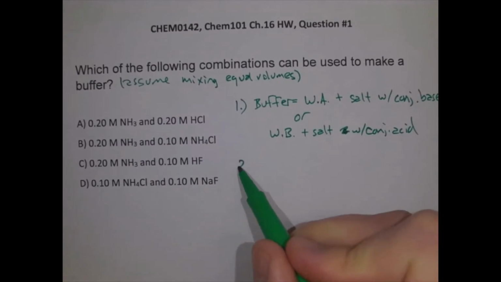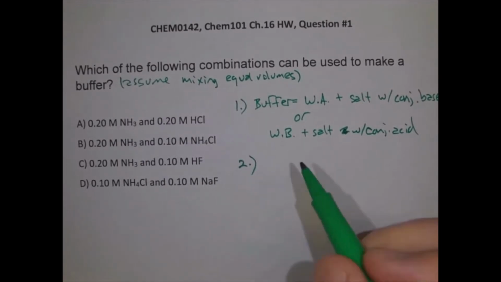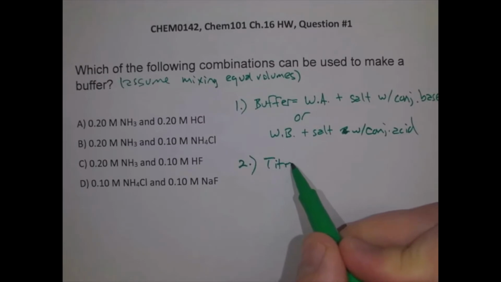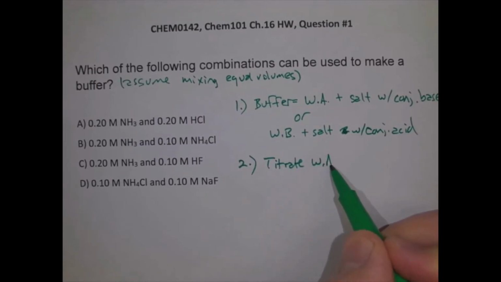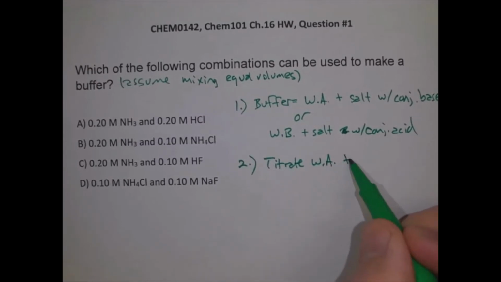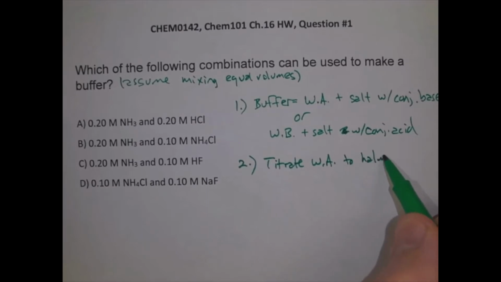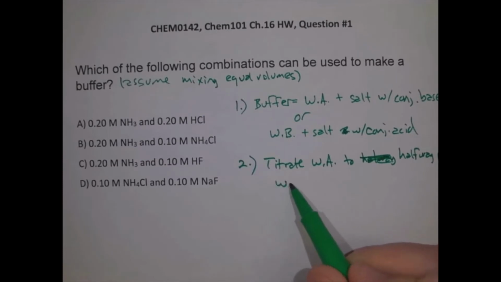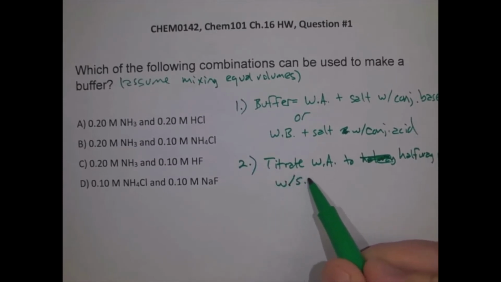But the other way that we learned when we talked about titrations is that we can titrate a weak acid to the halfway point with a strong base. The idea here is that you're trying to get that mixture of a weak acid and its conjugate base.